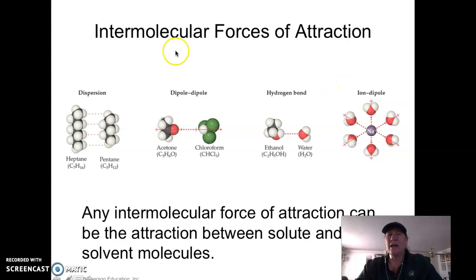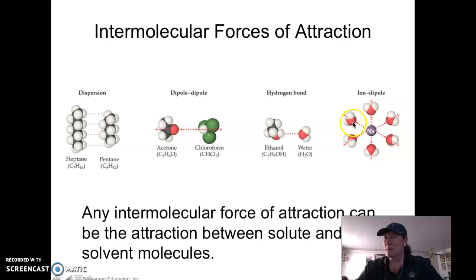Okay, so I already talked about intermolecular forces. Here's dipoles. We talked about those where they're a polar substance and they have a positive and negative end. There's also hydrogen bond. Hydrogen bond is the strongest of all these bonds. The ion to dipole, like I said, here's sodium and water. Sodium is positive, and then you have your chlorines, which are negative.